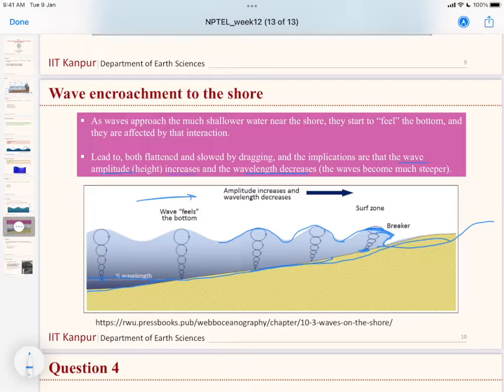First, there is a flattening and a slow dragging due to the change in the continental slope, or the change in the depth of the sea bottom, or the continental bottom, if we see. I hope it's clear. If not, you can ask a question right away.